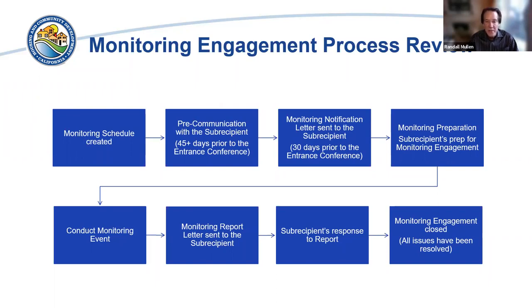She mentioned the monitoring notification letter, which will go out 30 days prior to the entrance conference, and then the monitoring preparation that ensues before the actual conduct of the monitoring event, after which a monitoring report letter will be sent to the subrecipient, and your jurisdiction will have the opportunity to respond, and then the monitoring engagement is closed out when all the issues are resolved. Let's now take a closer look at the components of this process.